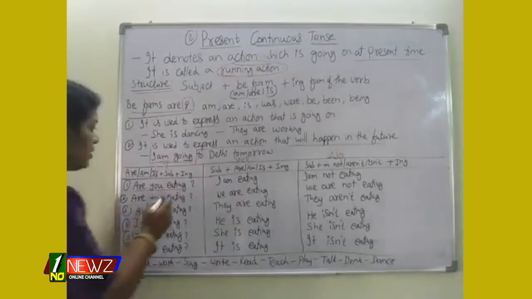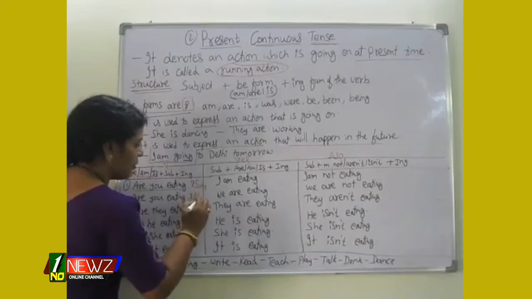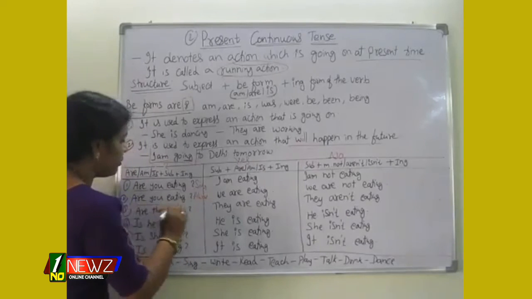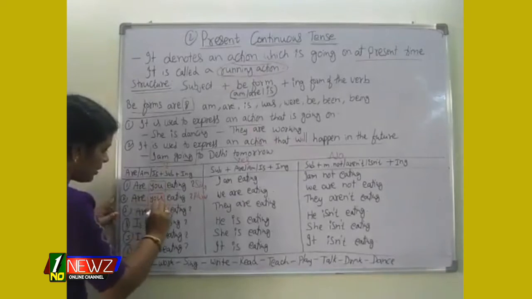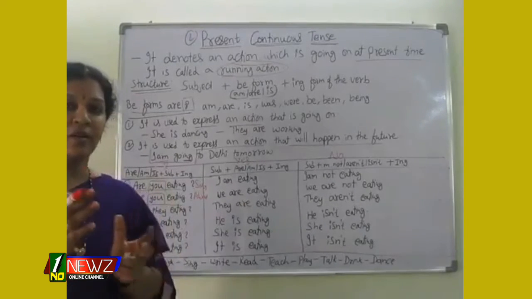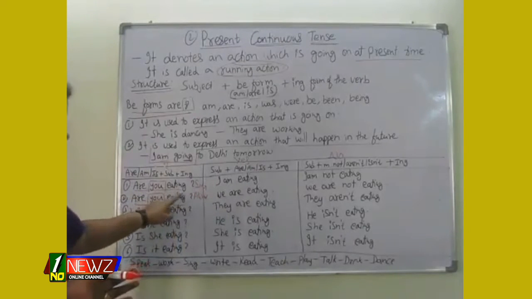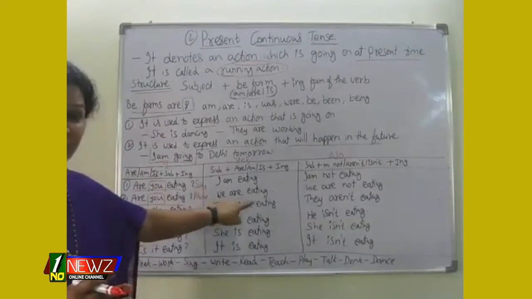And are you eating? This is singular and plural. You may be singular or plural. You is common for either singular or plural. So that is why here I am taking singular and second one is plural. Are you eating? We are eating.